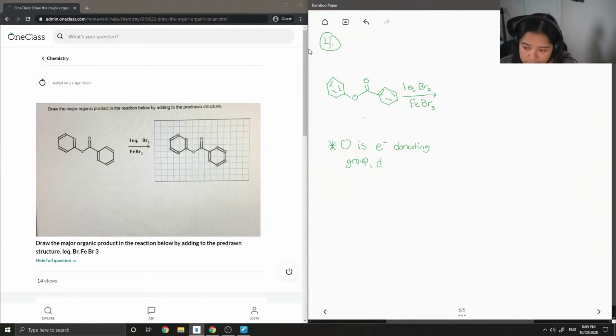So therefore, it will direct your electrophile to the para position. Okay, so let me write out what the final product would look like.